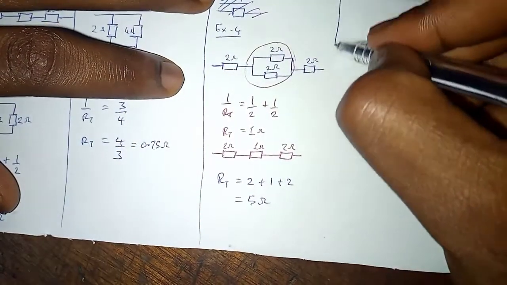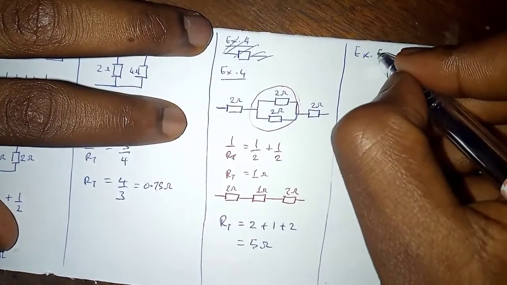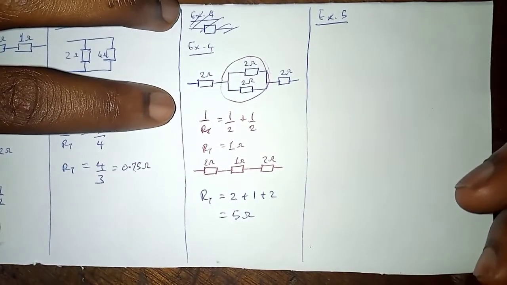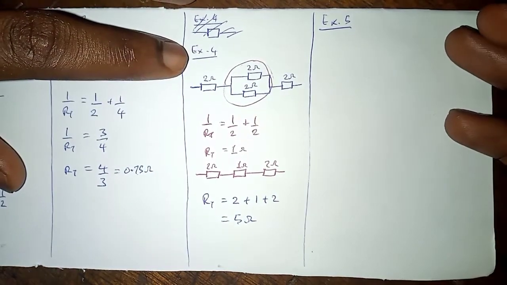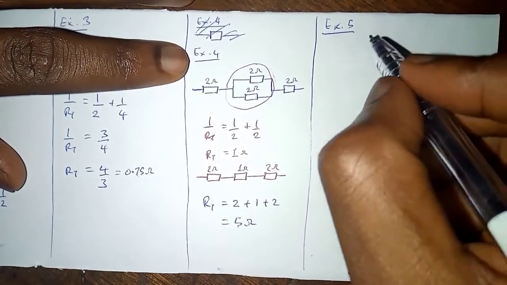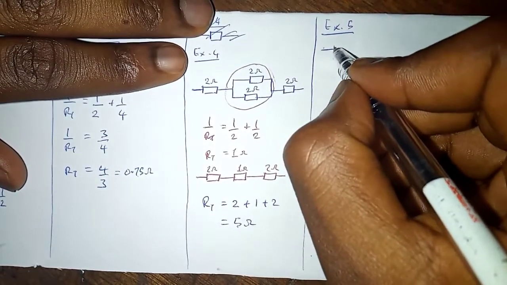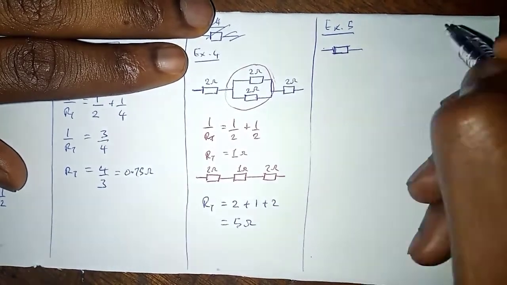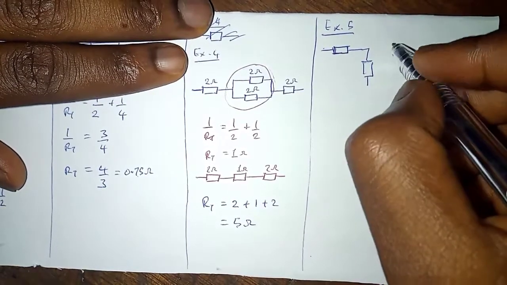Then the last example we'll take is, what if the arrangement is complicated, how do you know when it's parallel or series? You just need to rearrange the circuit to make it much more understandable. So I'm going to do this. The question says a circuit like this.